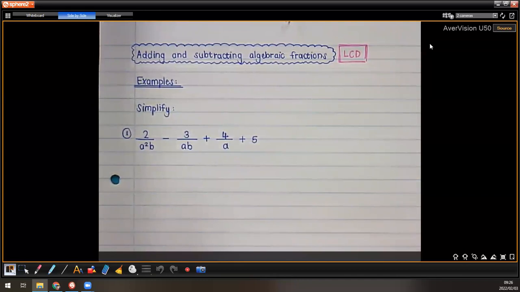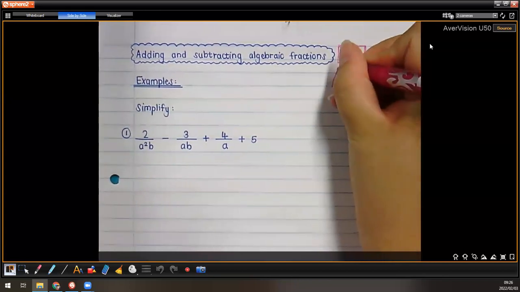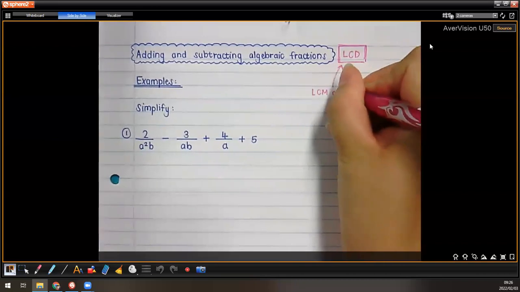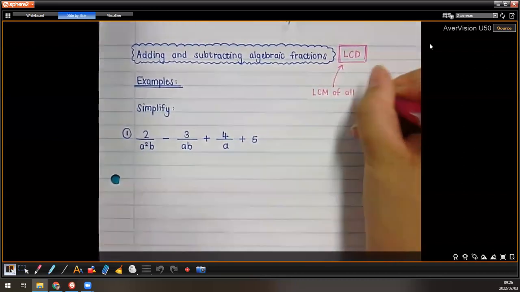Guys, the LCD is basically the lowest common multiple of the denominators. Not sure if you know that. So we can just make a little arrow there. LCD is actually the LCM of all the denominators.